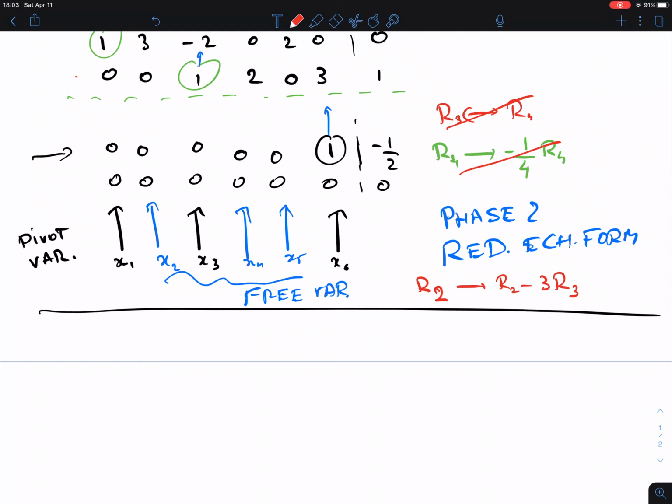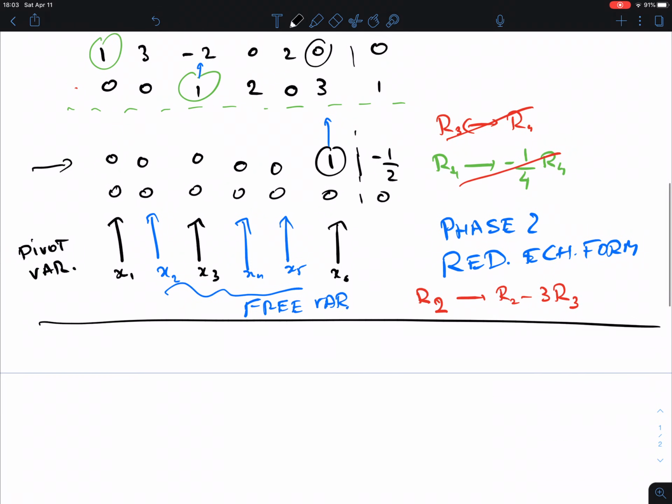What we get: they have a 0 already here, so there's nothing I have to do there, okay? So I get 1, 3, negative 2, 0, 2, 0, and now we have the 0, 0, 1, 2, 0. So I'm going to multiply everything by negative 3, so this becomes 0.